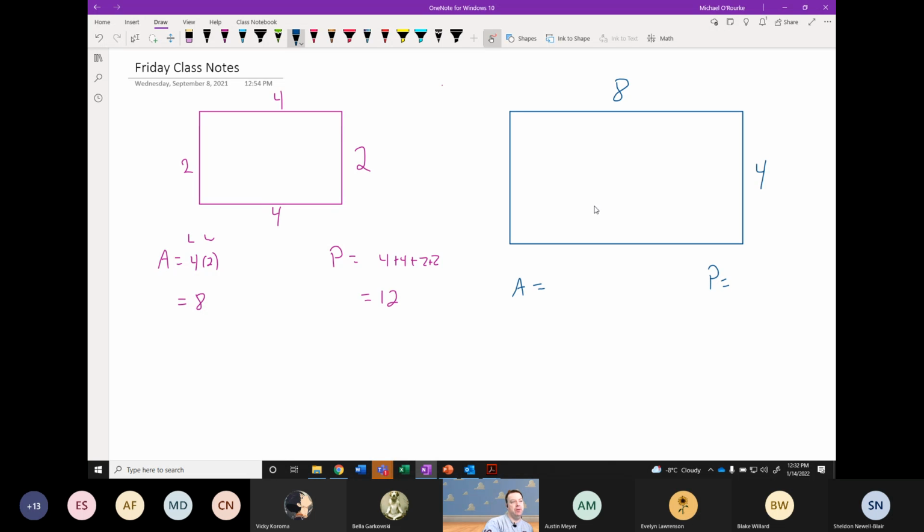So area is 32, length times width, 8 times 4, so the area is 32, very good. My perimeter is 24.